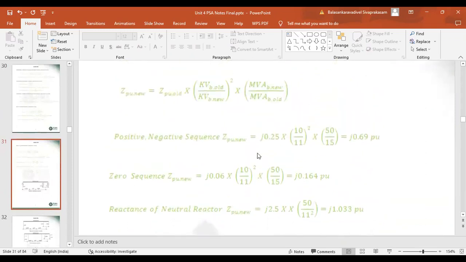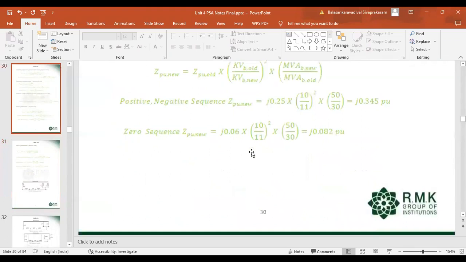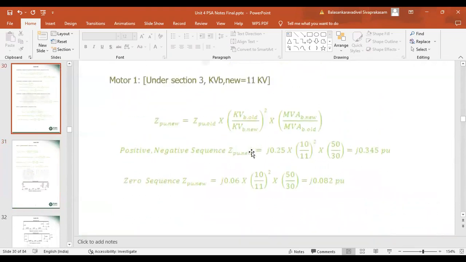Next, after calculating transformer T2, we have to calculate for motor 1 and motor 2. If you go for motor 1, for this section, kVb2 is equal to 11 kV. We can use the same Z per unit mu formula. And here also for positive and negative sequence, the reactance value given is 25%, and for zero sequence reactance, its value is given as 6%.